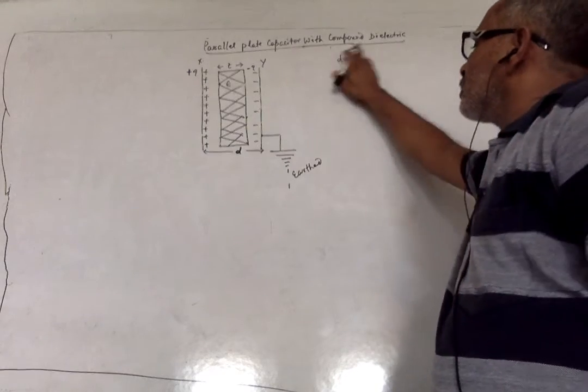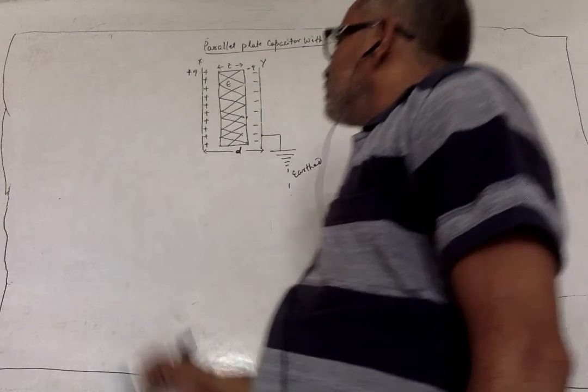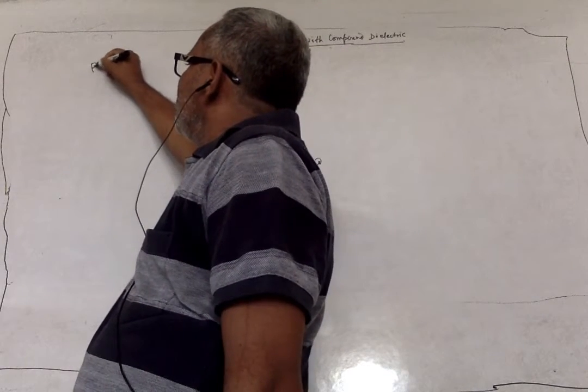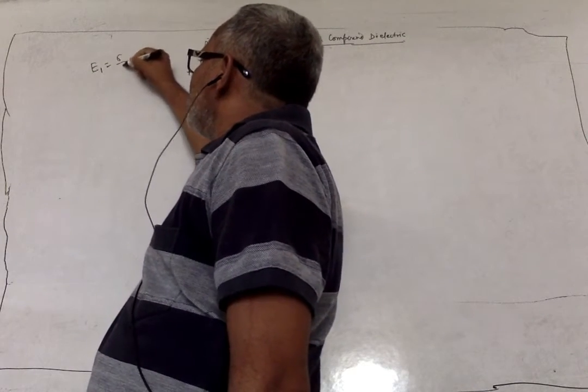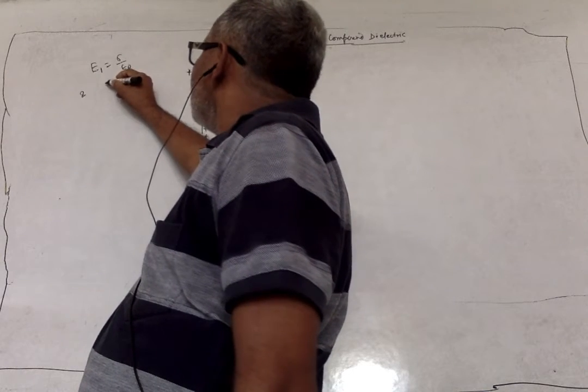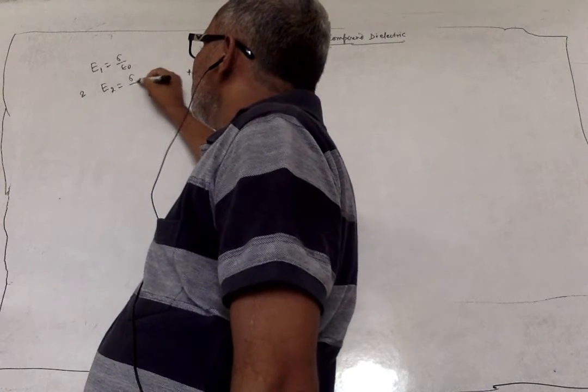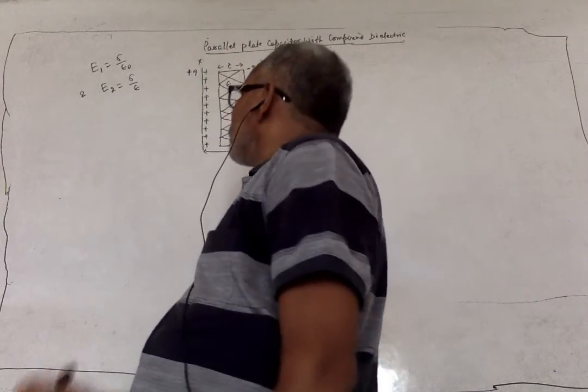The electric intensity due to air E1 equals sigma by epsilon naught, and due to the dielectric E2 equals sigma by epsilon.